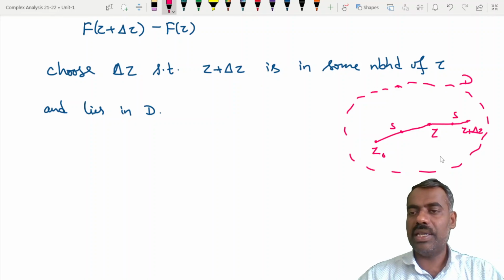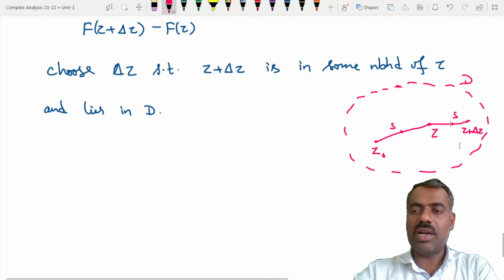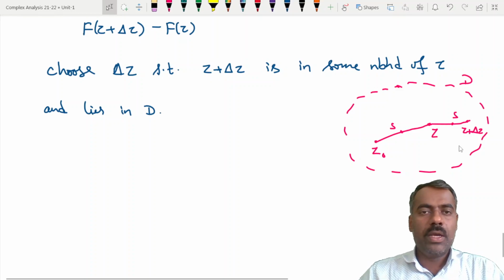So here also the point is s, as the integration, that contour we are doing, right? With respect to this, we want to know what this is.